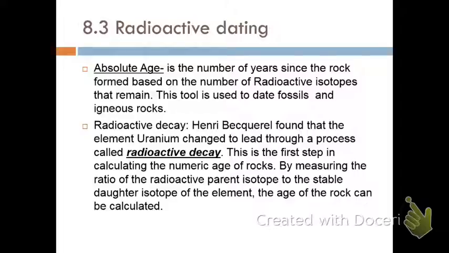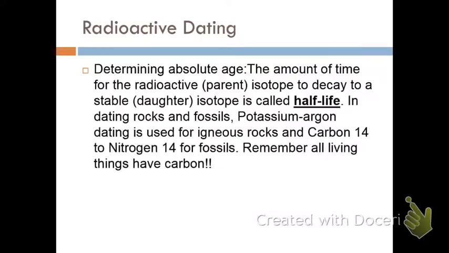And so what they found is that there's a certain amount of time for each radioactive element to lose particles, and they're going to lose particles approximately by half. So if you've got, say, a 50-gram sample, and it has a half-life of 2,000 years, then over 2,000 years, that 50-gram sample is going to become 25 grams radioactive and 25 grams stable.